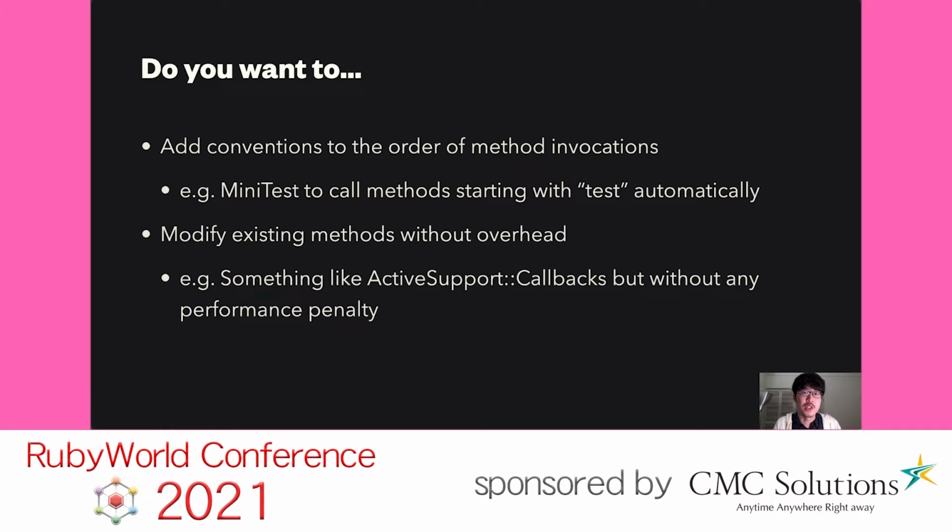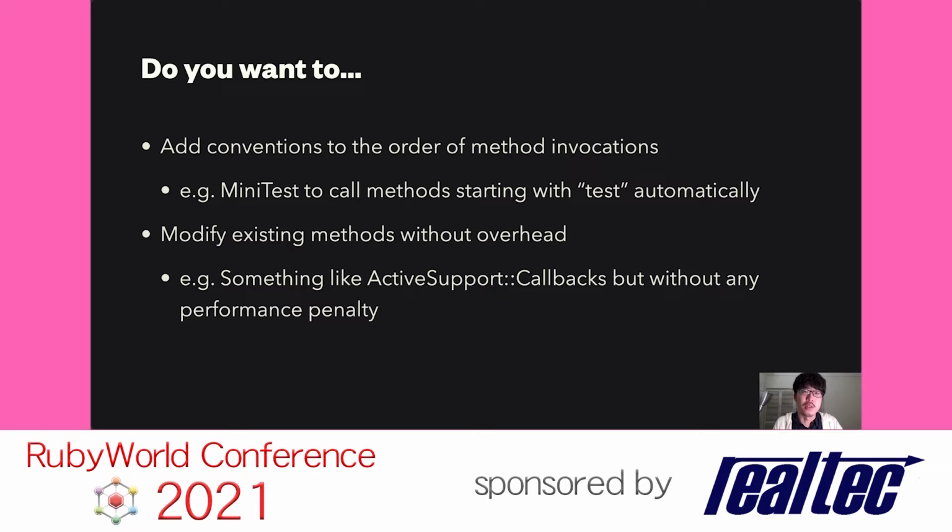Also, to a certain method, you may want to add a callback, for example for logging, but you don't want to alter the method itself, or you're not allowed to. In that case, without altering the method, you want to add some features. Maybe you have those needs sometimes.